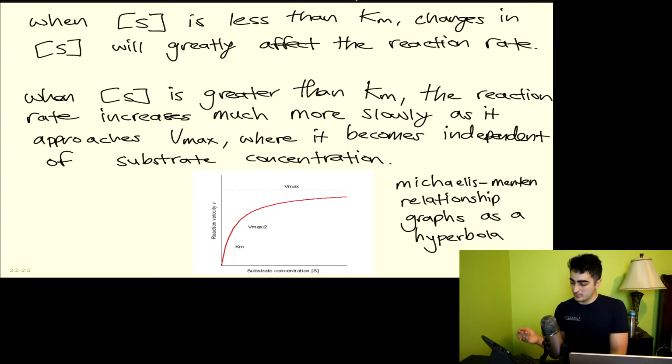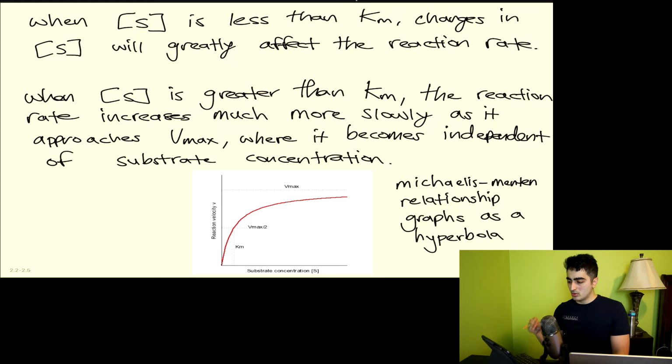It's a hyperbola, right? Some of the enzyme kinetics that we're going to talk about that aren't Michaelis-Menten, like cooperative enzymes such as hemoglobin, are going to be sigmoidal. They're going to look like an S. So we're going to be going through some different enzyme kinetics and graphs.